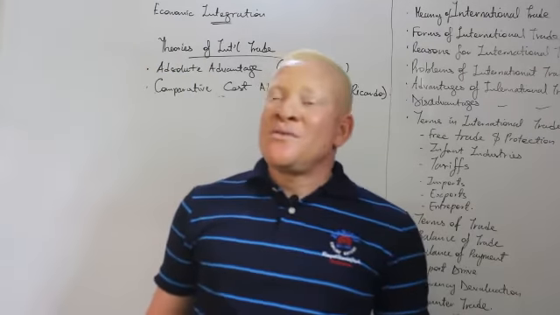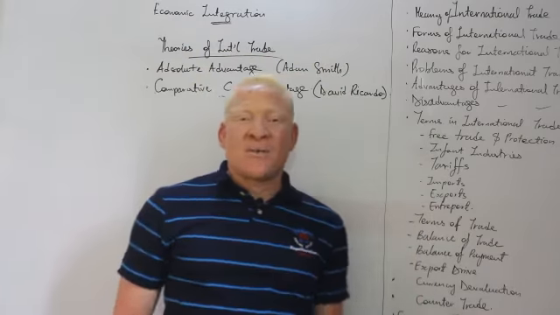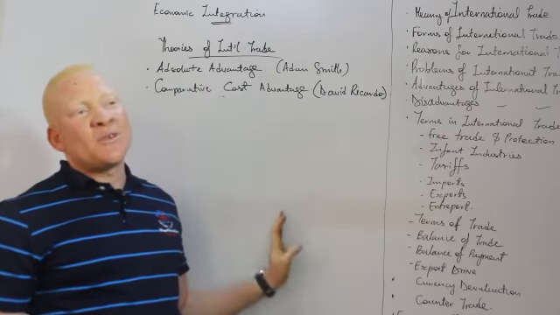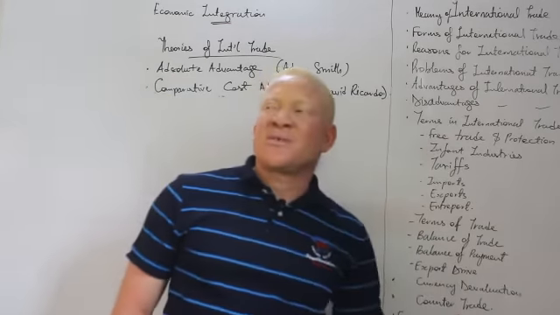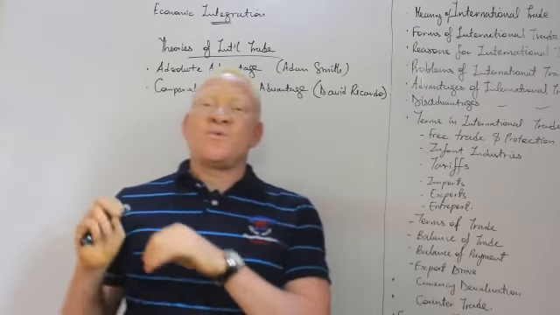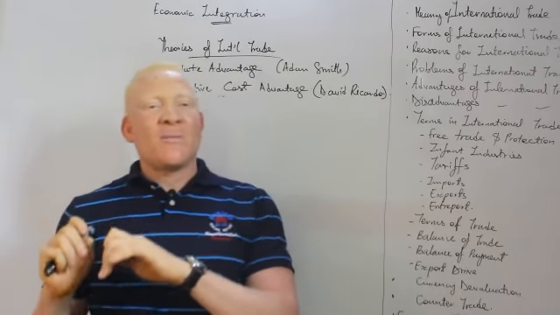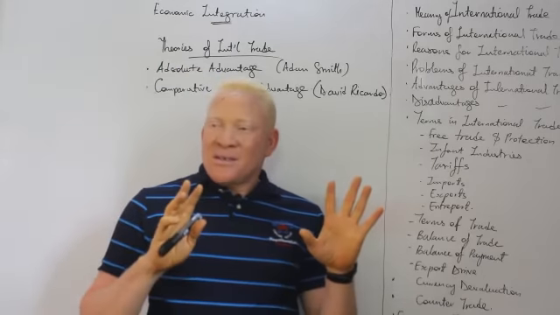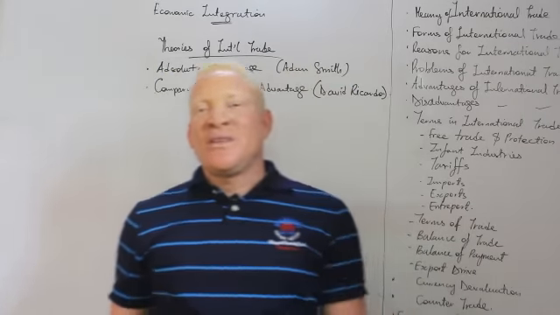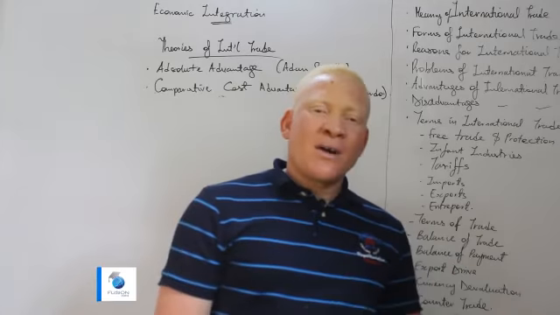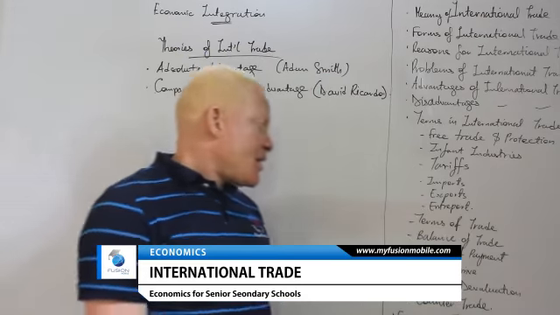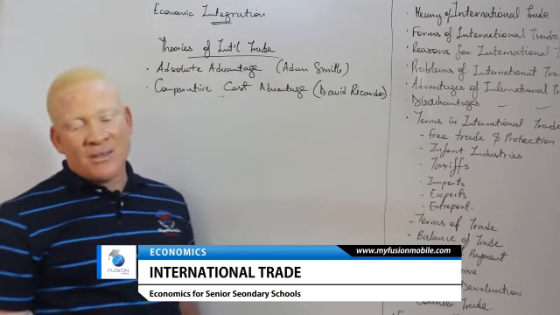For instance, countries A and B can produce X and Y. In the theory of absolute advantage, if country A can produce X more, it should concentrate on producing X, while B concentrates on producing Y. But in comparative cost advantage, country A should produce more of X if it has a comparative advantage over B in producing X. It should produce more of X and less of Y. Likewise, if B has an advantage in producing Y over A, it should produce more of Y and less of X. I guess that brings us to the end of the study session on international trade.